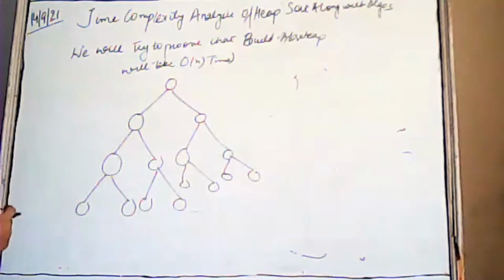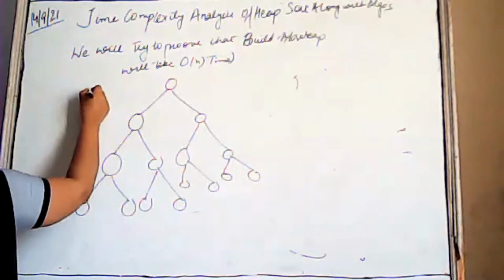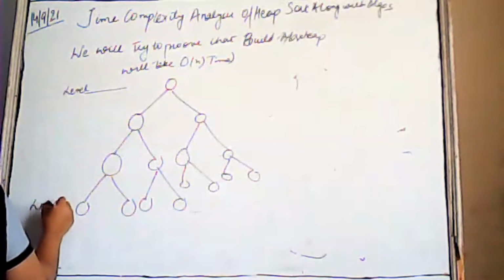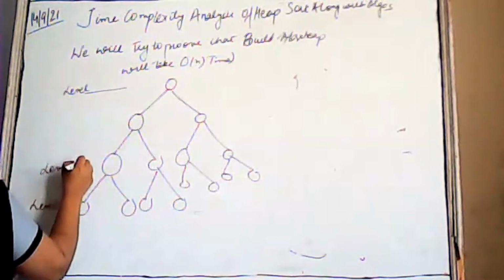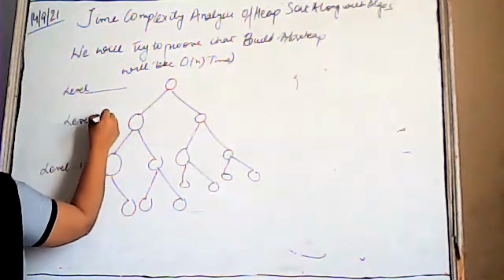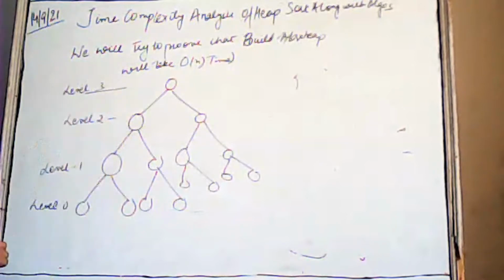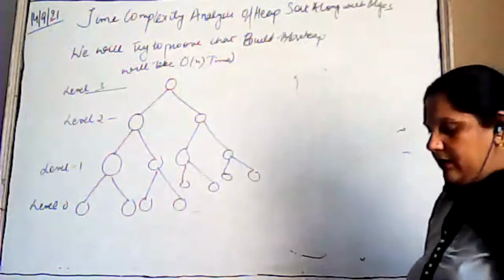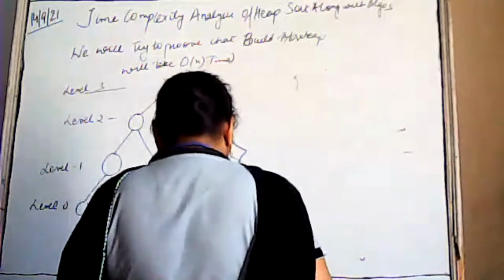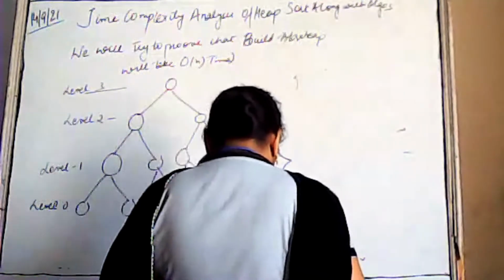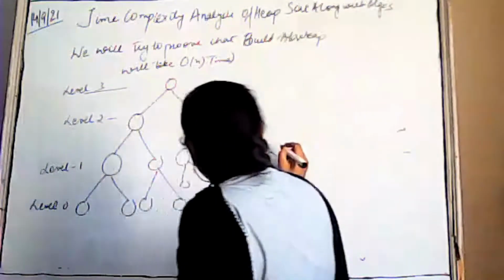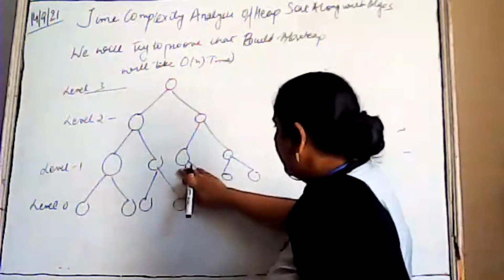This is a tree which is given to us. Here, this is level 0, level 1, level 2, and level 3. Right? So, see, total time, see how many times heapification is performed.